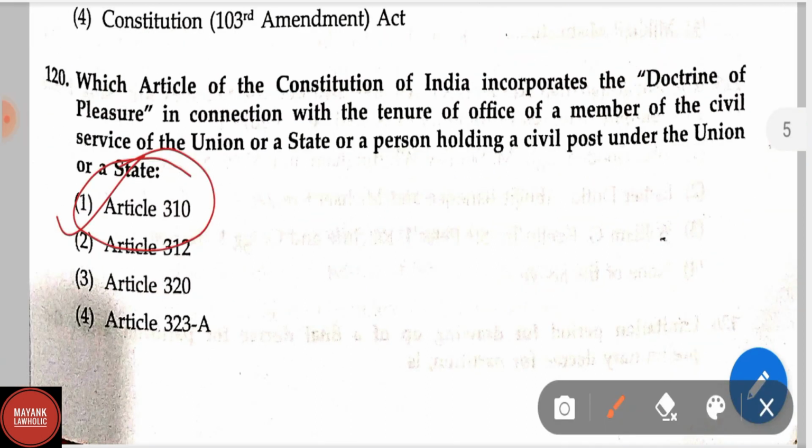Article 310 of the Constitution of India incorporates the doctrine of pleasure by clearly stating that every person who is a member of a defence service or of a civil service of the Union or of an all India service, or holds any post connected with defence or any civil post under the Union, holds the office during the pleasure of the President.